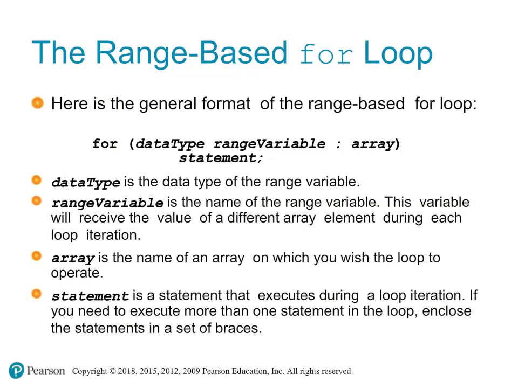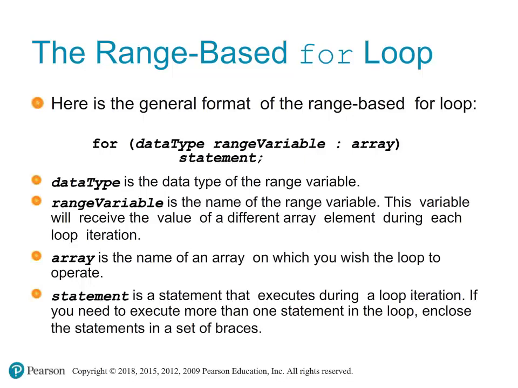Let's take a look at this for loop. Data type: this is the data type of the range variable. For example, if you are iterating through an array of integers, then the data type will be int. Range variable is the variable that will hold a copy of each element in the array as the loop iterates.